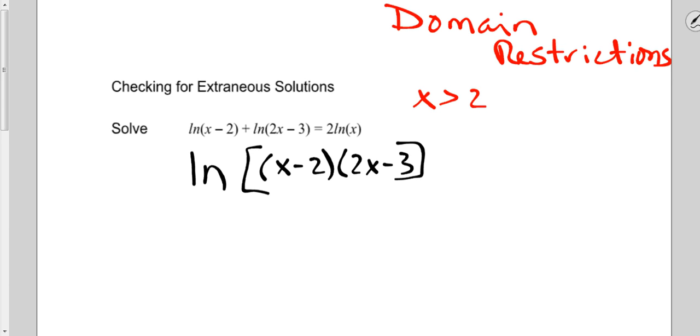That's the product property right there. And this equals, can I apply some logarithmic property to 2 natural log of x? Power property. So what should I write on that side? Natural log of x squared. I like it. I like it a lot.